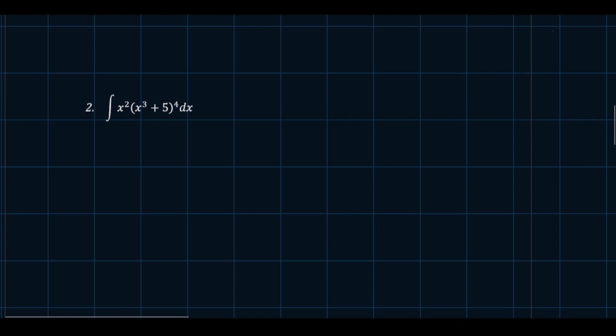Okay, example number 2. The integral of x squared times x cubed plus 5 to the fourth dx. Now, it is normally the case na kung ano yung naka-raise to a power, yun yung gagamitin nating substitution. So, dito, we can let u be equal to x cubed plus 5.